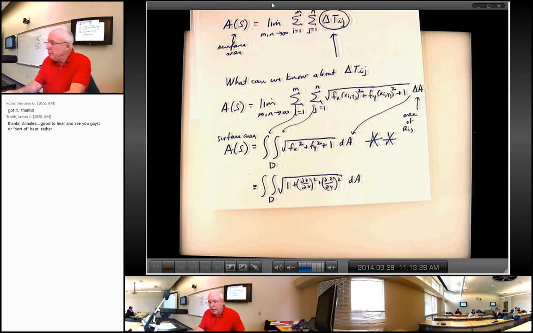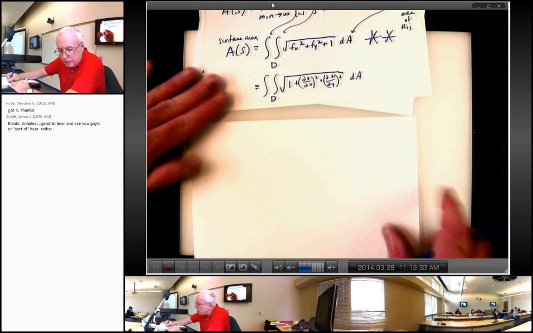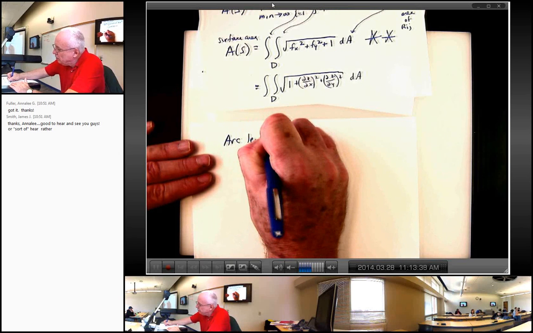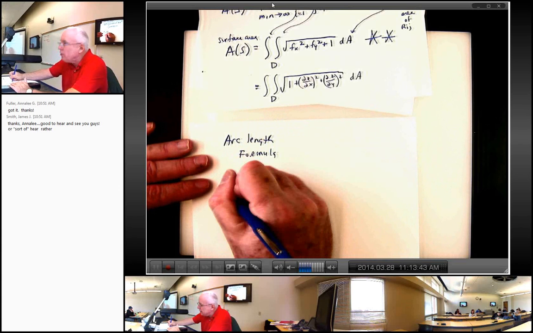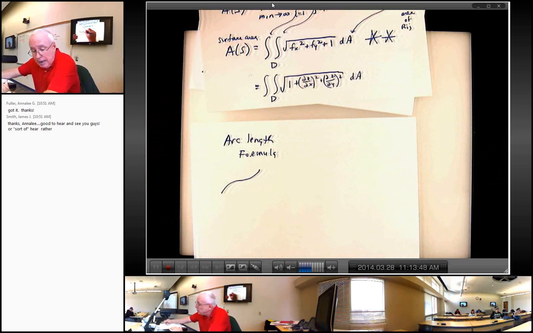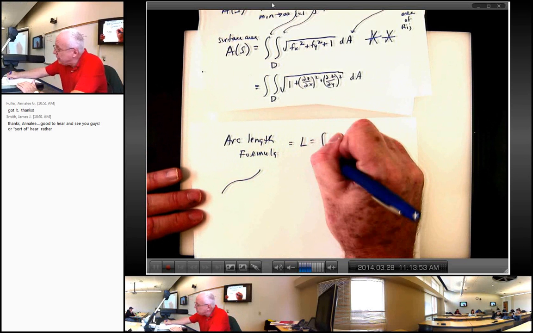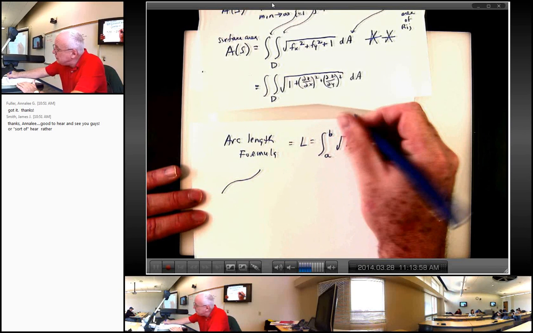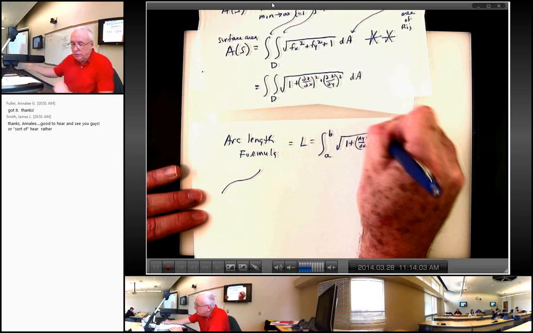This is actually very similar in appearance to the arc length formula from last semester, which gave us the length of a curve. Let's call this L, the integral from a to b of the square root of 1 plus dy/dx squared, dx.